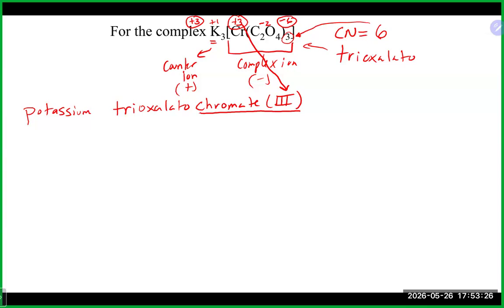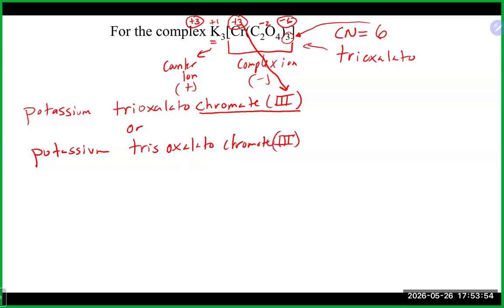Oxalate is an interesting one. Even though oxalate doesn't necessarily have a prefix in it, people will sometimes use the other prefix with it, and would call this tris oxalato chromate 3.